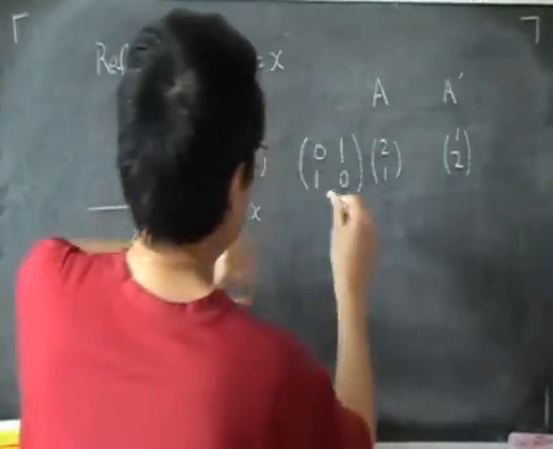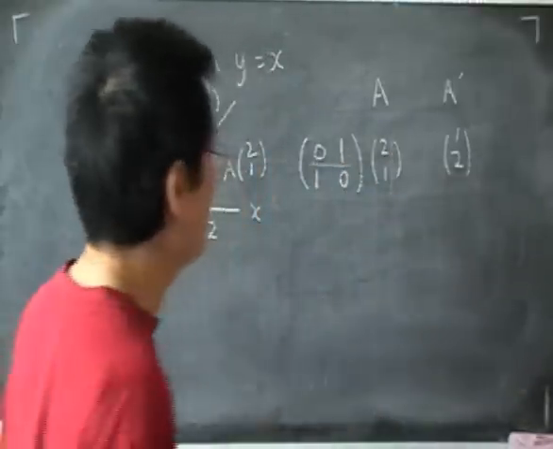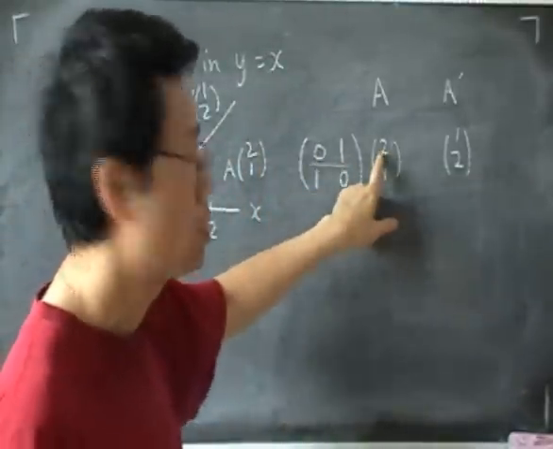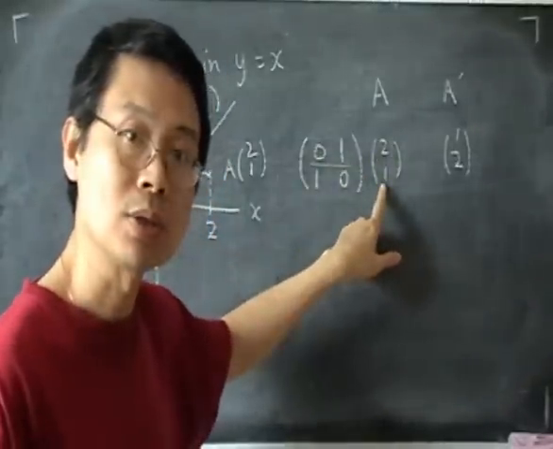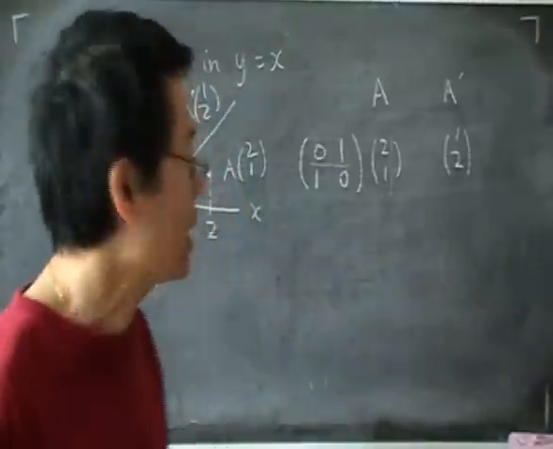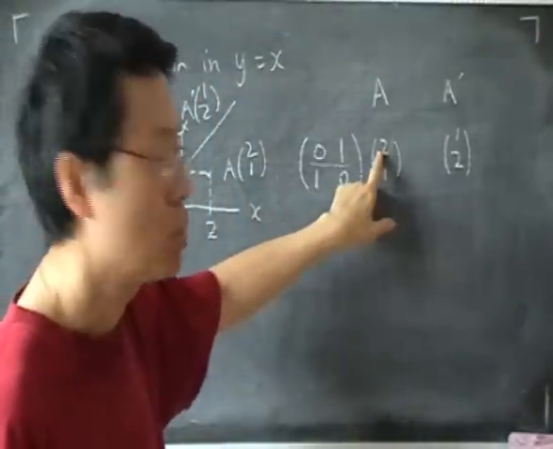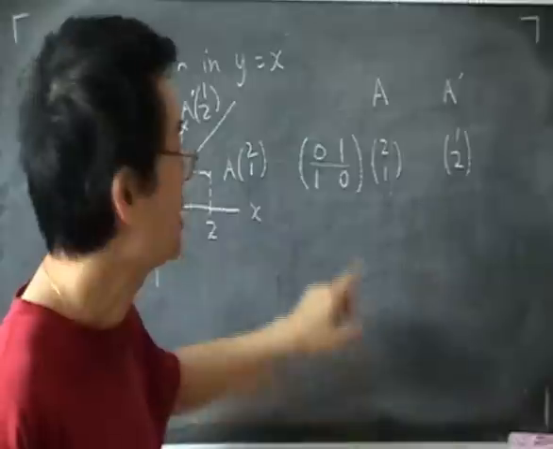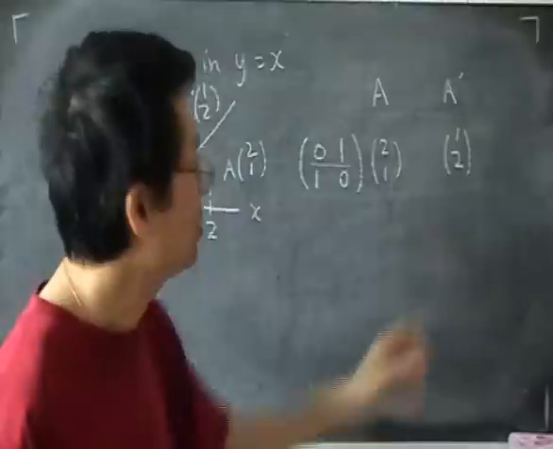So let's try that. First row times this column, 0 times 2 is 0, plus 1 times 1 is 1. So 0 plus 1 is equal to 1, that's correct. Next row, 1 times 2 is 2, plus 0 times 1 is 0. So 2 plus 0 is 2.